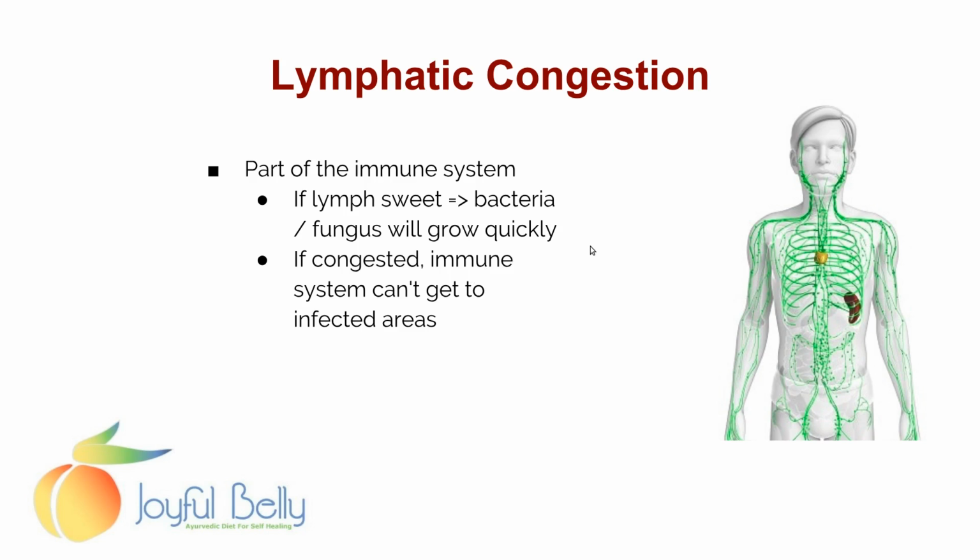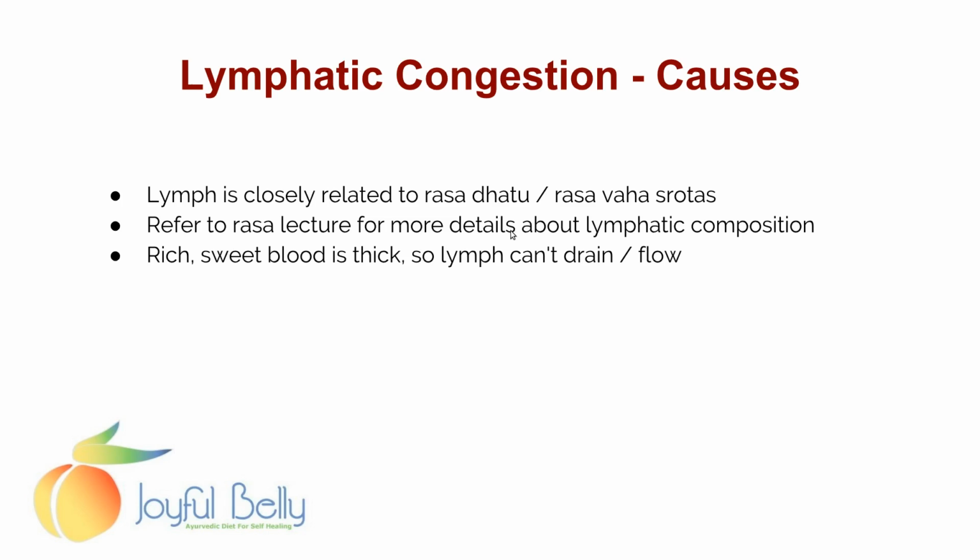If your lymphatic system is congested and stagnant, then you're going to have low immunity, because your immune system's in the lymph, and it needs that constant flow to get the white blood cells and the immune system to that area.